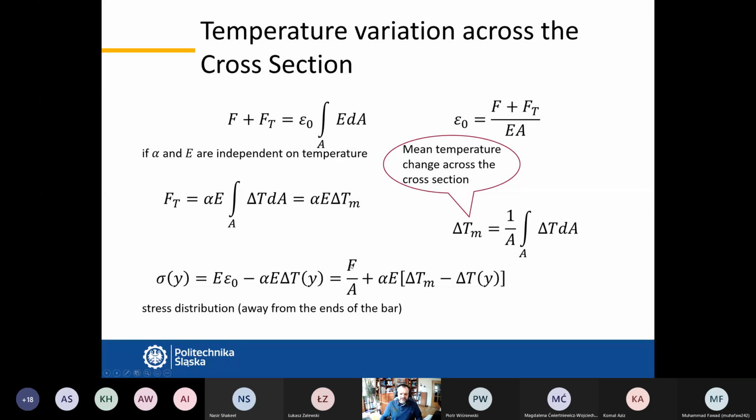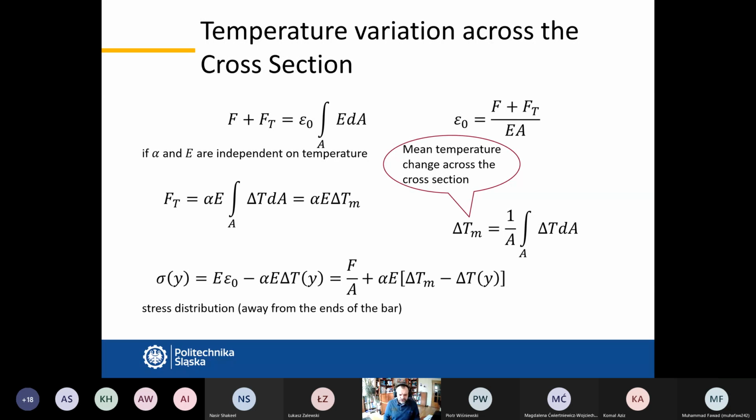And it can be written as F over A, so the external force divided by the cross-sectional area. And we have alpha E times the rise of temperature, delta Tm minus delta T, so the average temperature minus the change in temperature in the cross section as a function of direction perpendicular to the axis of the bar.